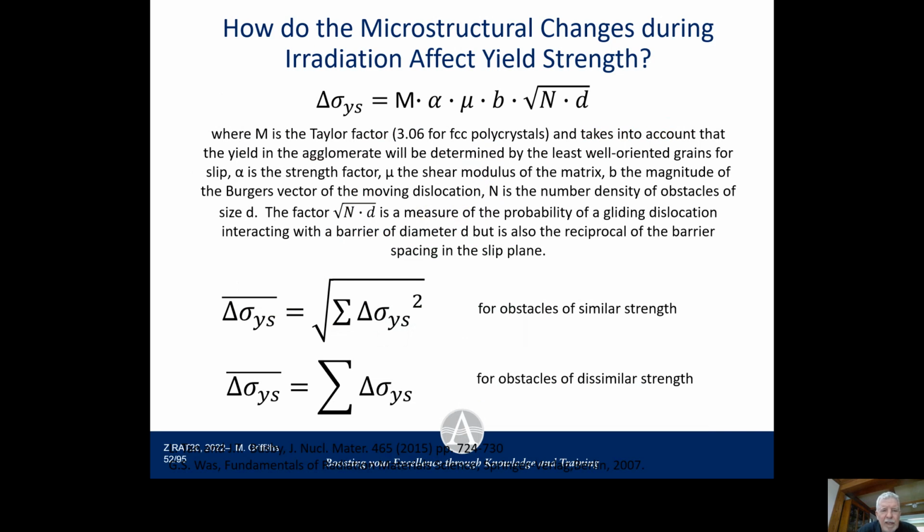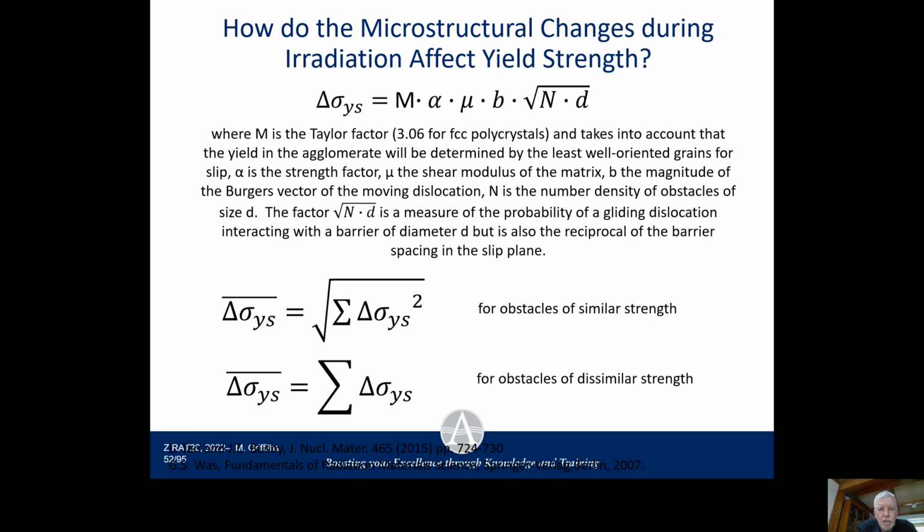So as I said, it's a little bit more complicated than that. You've got this alpha factor, but in a polycrystalline material, you've also got the fact that you have interactions between different grains of different orientations. And what that means is that the polycrystal can't yield easily, because even though one grain might be oriented in such a way that it can shear, it has a low what's called a Schmid factor.